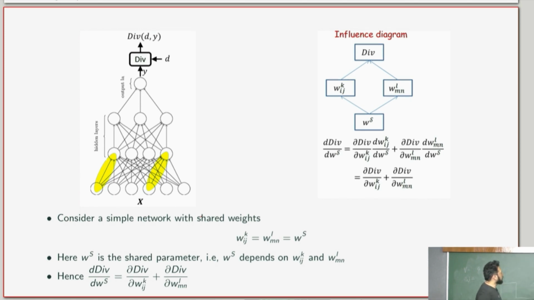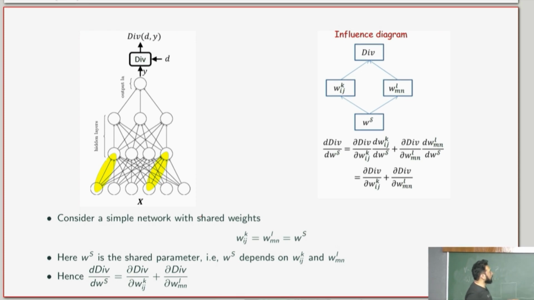While the first MLP was scanning a certain region, these were the weights; although they are the same, let us say this was Wij and this was WMN. But I am supposed to compute the derivative of the loss with respect to the shared weight WS. So how will we do that?